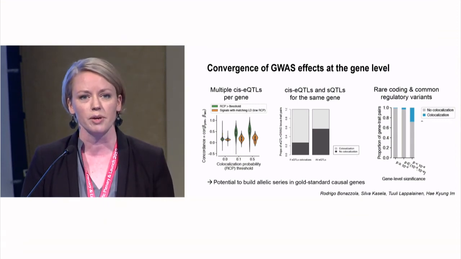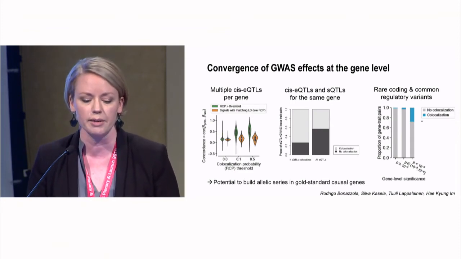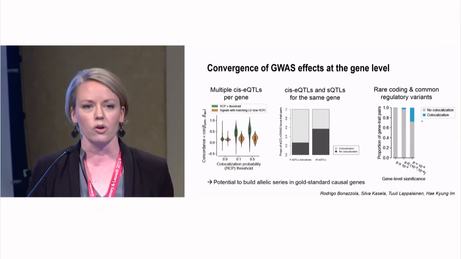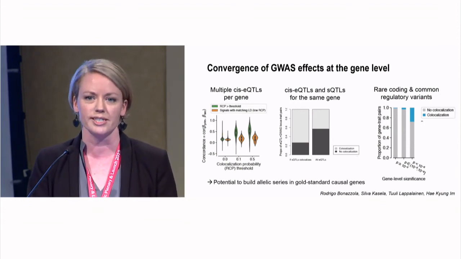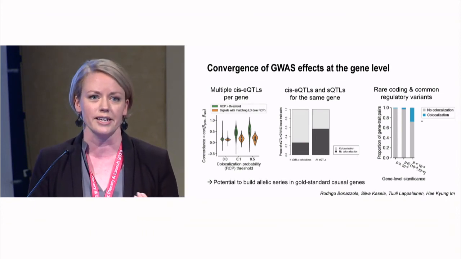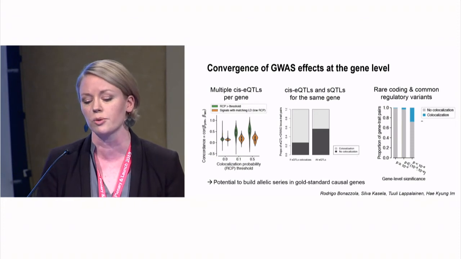We also see a similar pattern when we look at independent cis eQTLs and cis splicing QTLs for the same gene, basically asking: if there is a splicing QTL that co-localizes for this gene, is the eQTL more likely to co-localize? And the answer is yes, indicating that different types of molecular regulatory perturbations can have similar GWAS effects.